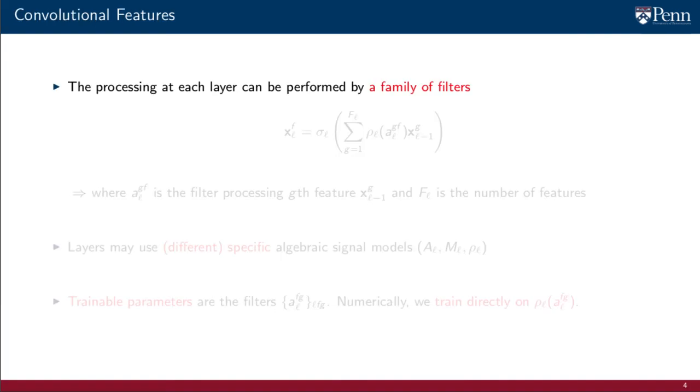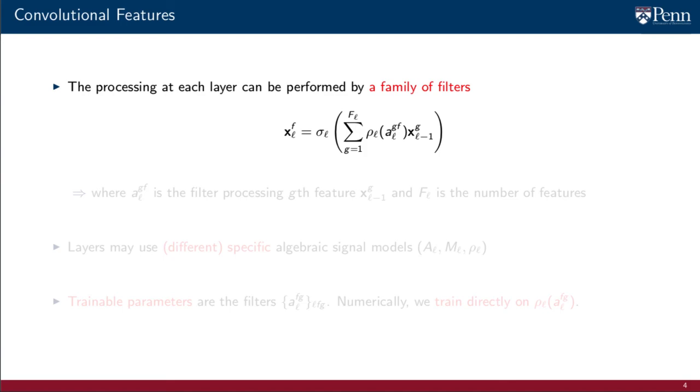In fact, the processing at each layer can be performed by a family of filters, which leads to multiple features. To be more precise, the f sub L minus 1 inputs are processed by f sub L times f sub L minus 1 filters rho sub L of A sub L superindex GF to generate intermediate features.